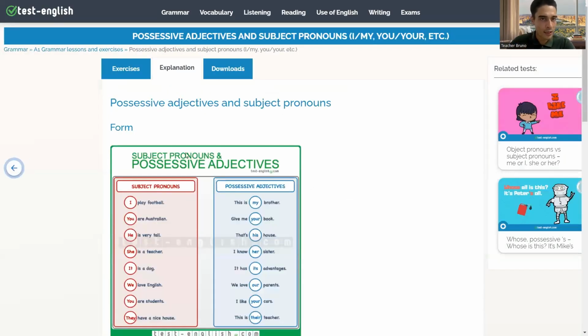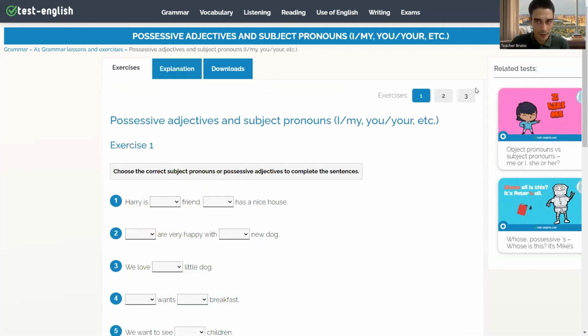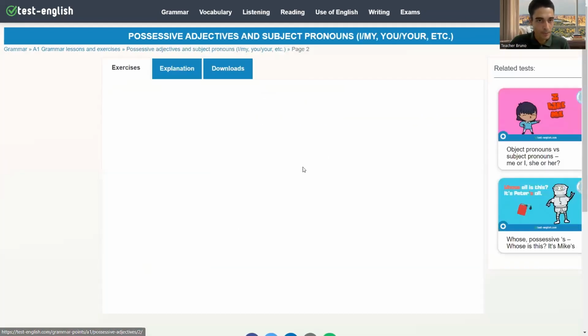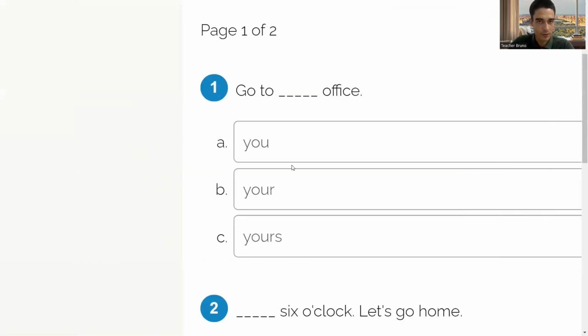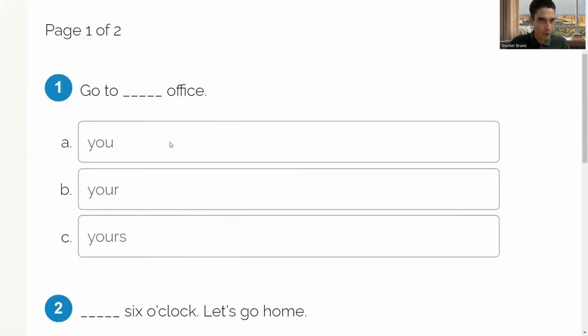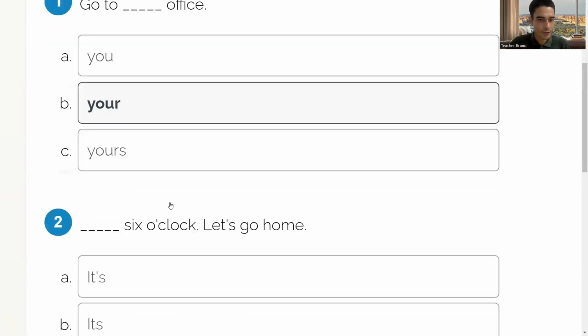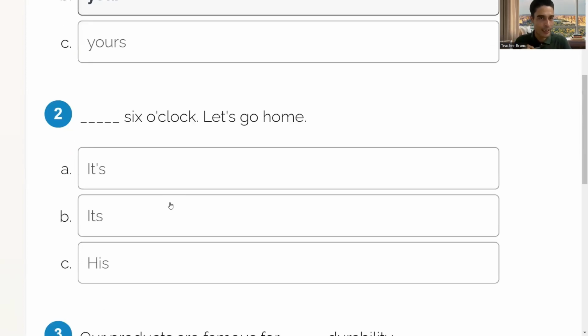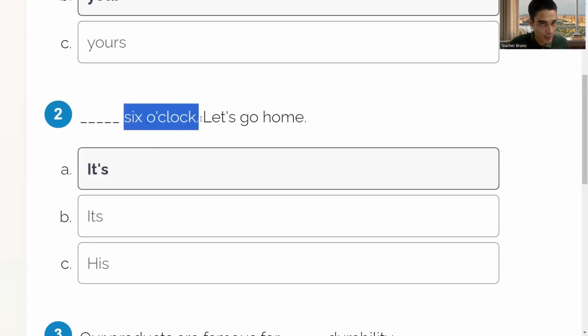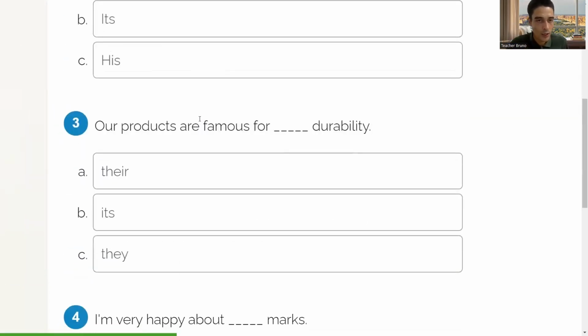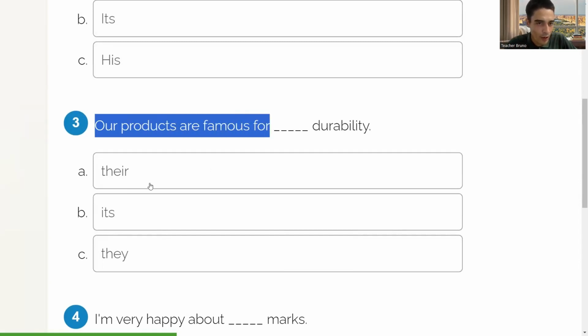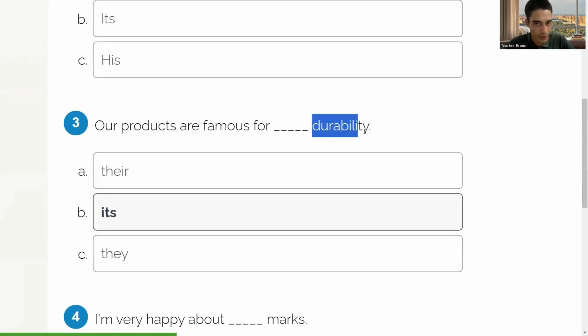After this whole lesson, let's practice some exercises together. Starting off over here. Number 1, office. Possessive or subject? Well, go to your office. Possessive adjective. Number two is about time. So we use the subject pronouns for time. So it's 6 o'clock, it's 4 o'clock, 3 o'clock, etc. Next one, our products are famous for its durability because we are talking about the products.